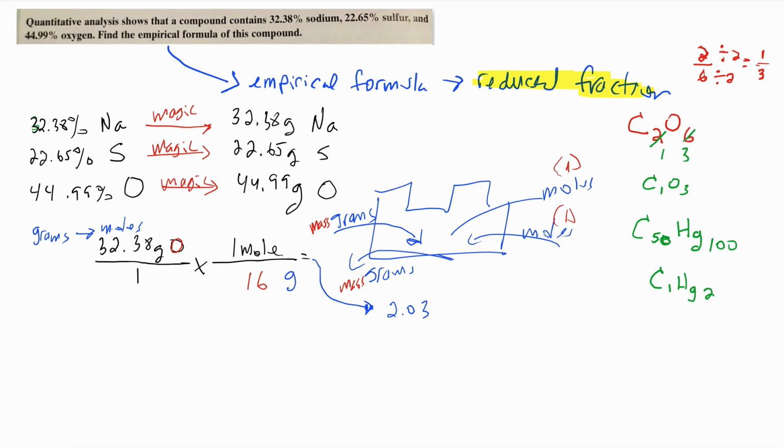So what do I write next to that? Moles of what? Moles of oxygen. All right. We're going to do the same thing for the other ones. You with me? So we got 2.03 moles of oxygen.